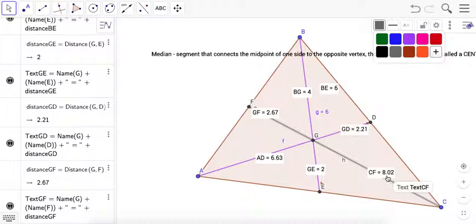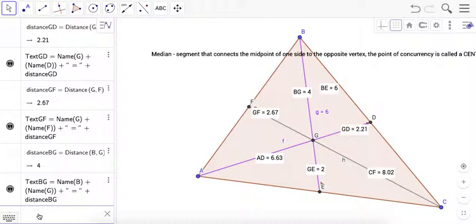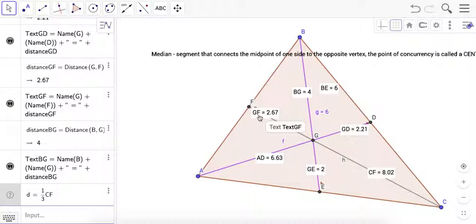If you notice, the whole thing is 8.02, but if I take a third of that, a third times that median C to F, we get 2.67 right here, and guess what? That little piece is 2.67. So that's actually our big centroid theorem: the centroid cuts this median up into a piece that's 1/3 and a piece that's 2/3.